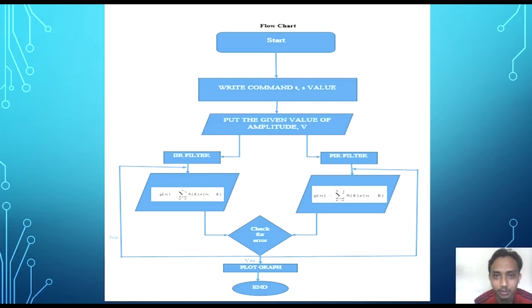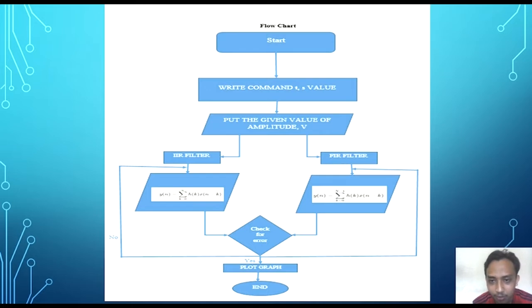This is the flowchart. It starts, and after that it will write the command ts value, and then put the given value of amplitude V. Then we choose whether we want to use the IIR filter or the FIR filter. If we use the IIR filter, we can see the formula there, and it will check for error.